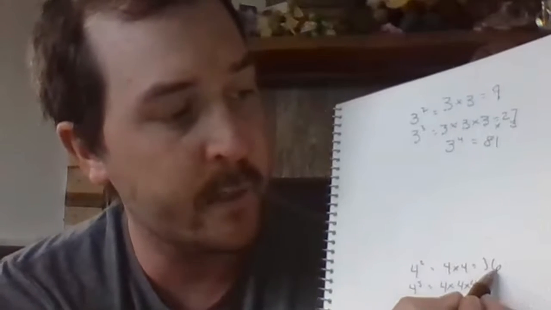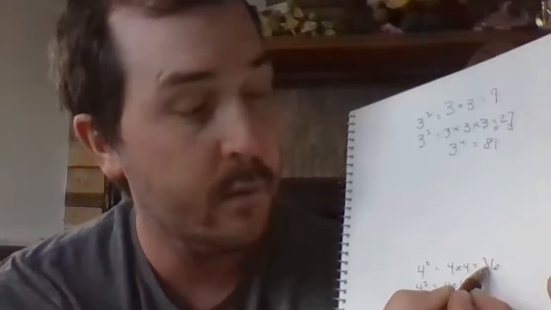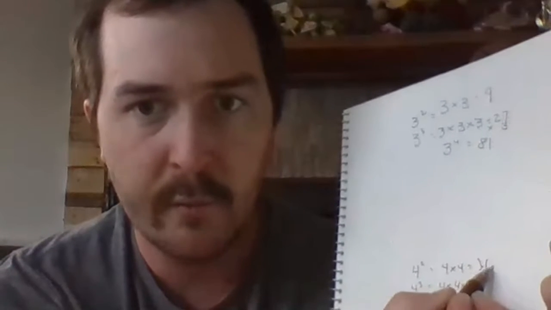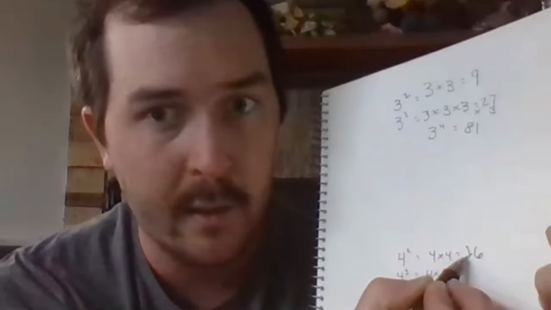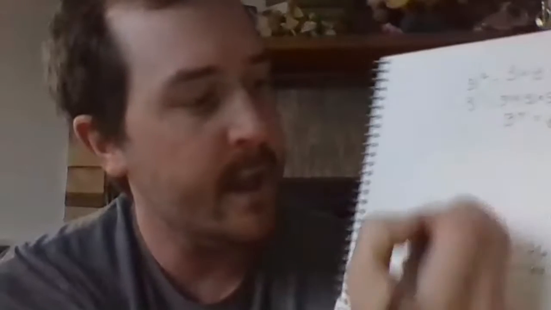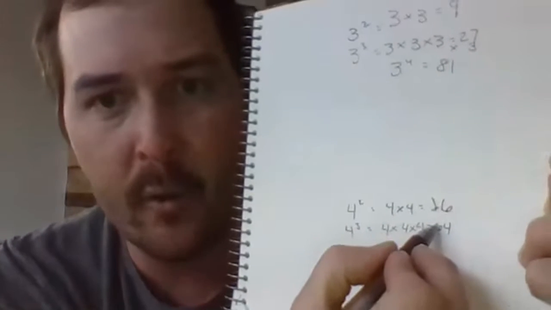What would that be? Well, I could do 4 times 6, which is 24, and 4 times 10, which is 40. So 24 plus 40, 64.